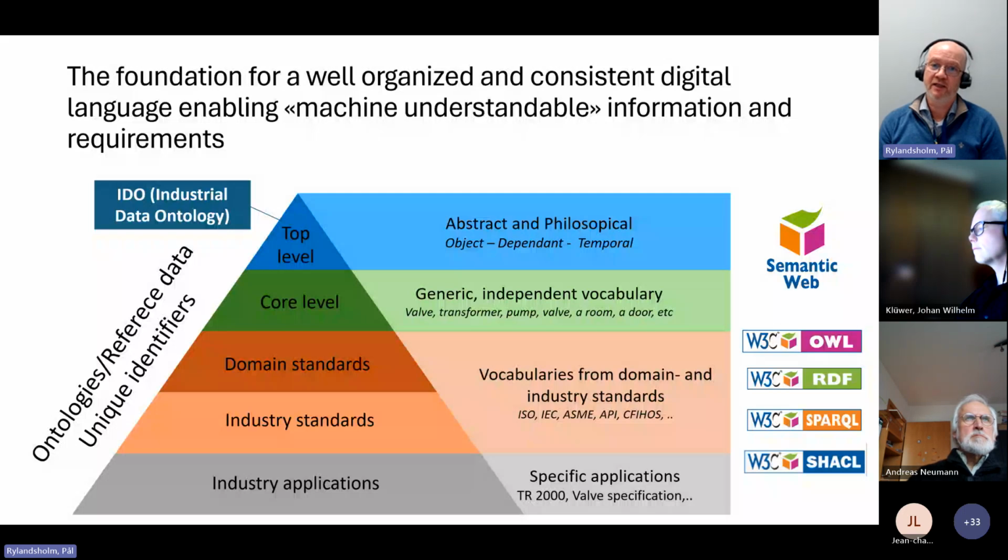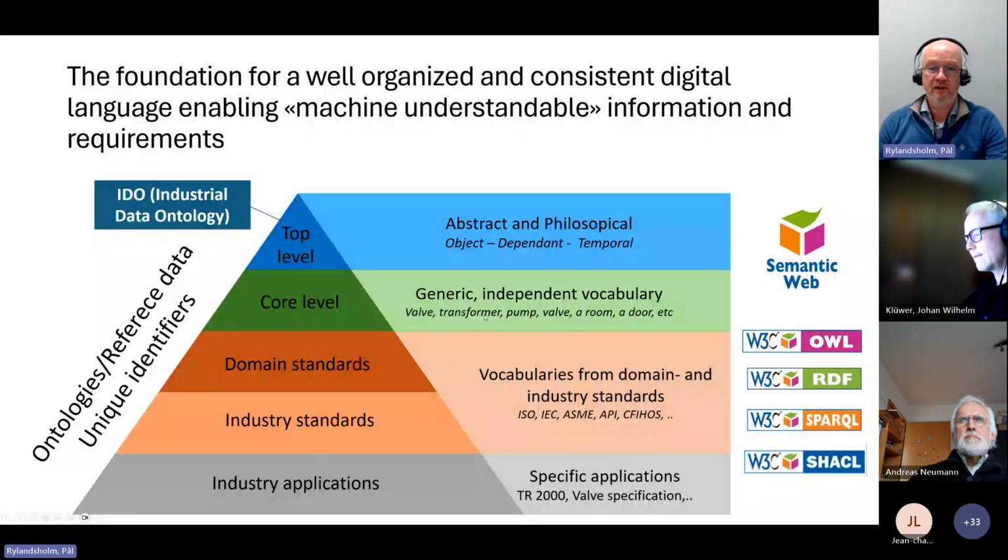IDO is the very top level of such a language or vocabulary, and it's very abstract and philosophical. Such a vocabulary will contain things of a more generic type. What is a door? What is a valve? What is a power line? These are the kind of things typically covered in a dictionary.